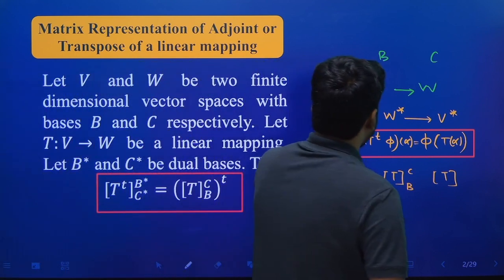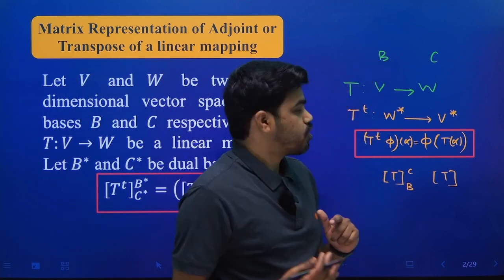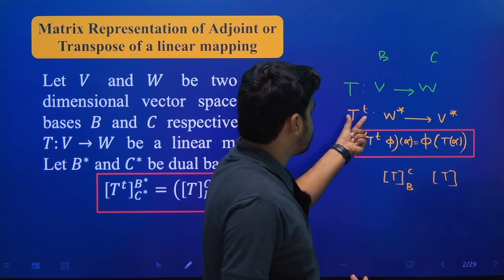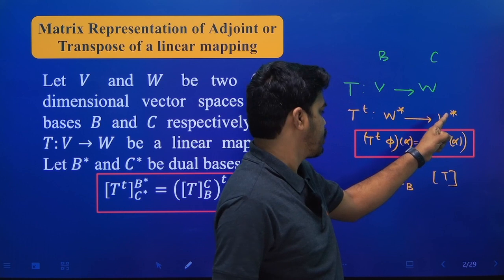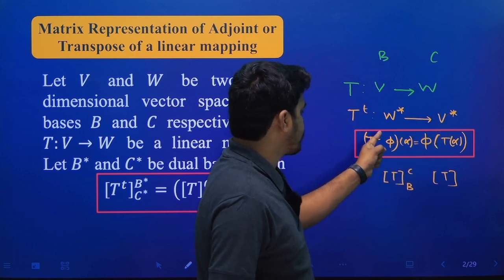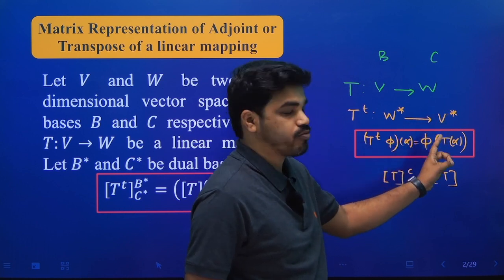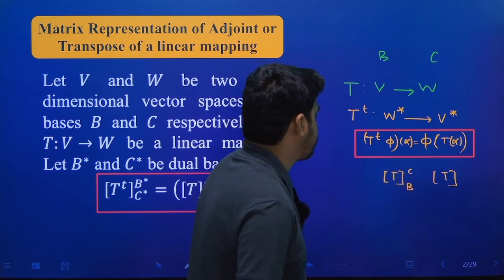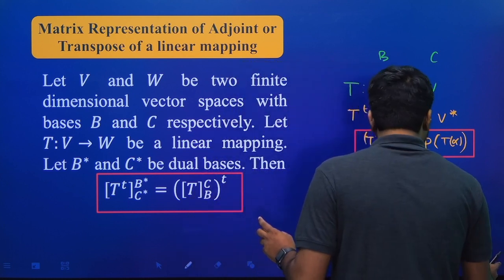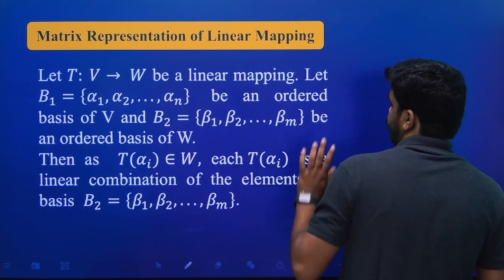So what is the definition of the transpose of a linear mapping? T transpose is a mapping from W star to V star, and it is defined by T transpose phi alpha equals phi of T alpha, right? We know this definition. So just recall the matrix representation of a linear mapping.